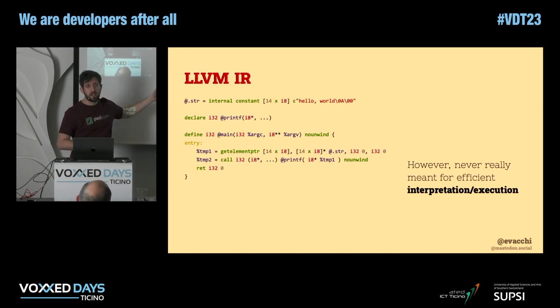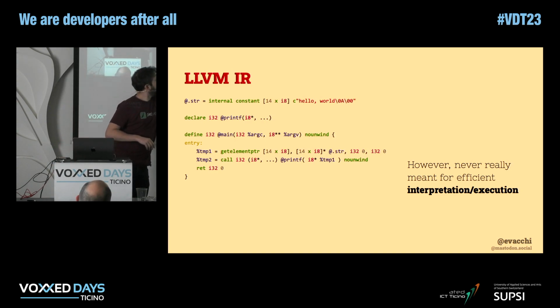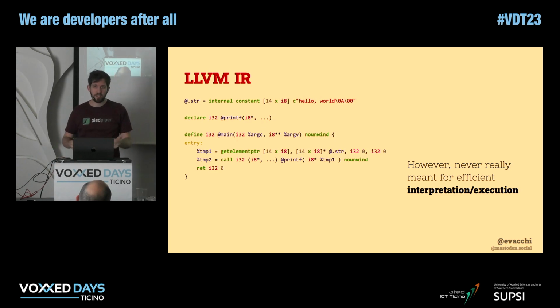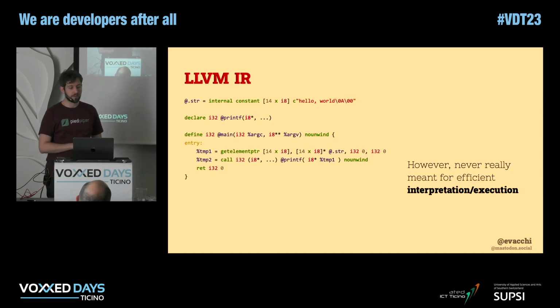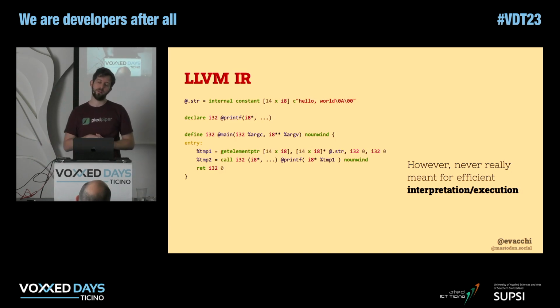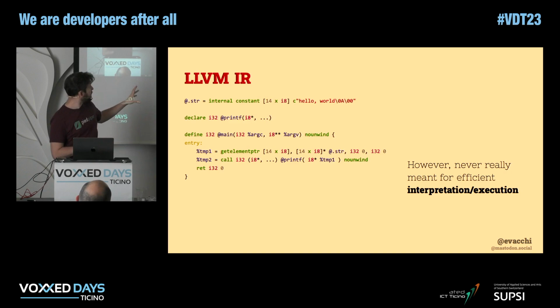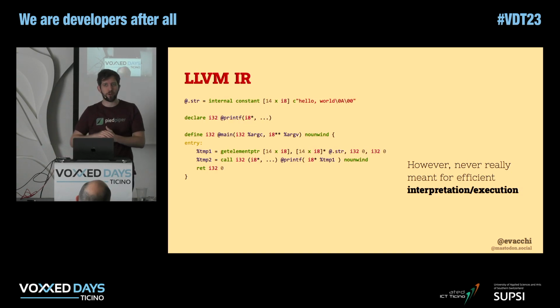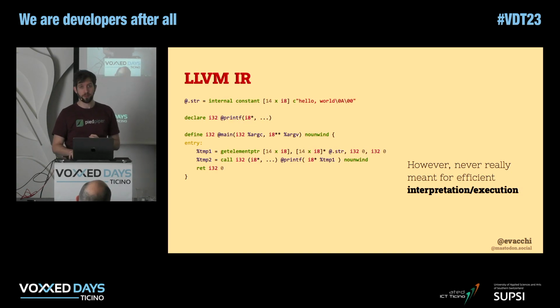This is actually the translation of a C program that calls printf on hello world. So it's just a hello world translated to this LLVM IR. And as you can see, even though it looks weird, it's actually pretty readable. It's not that far away from the original C code, so it's kind of high level.